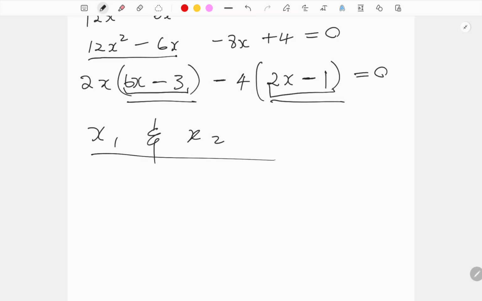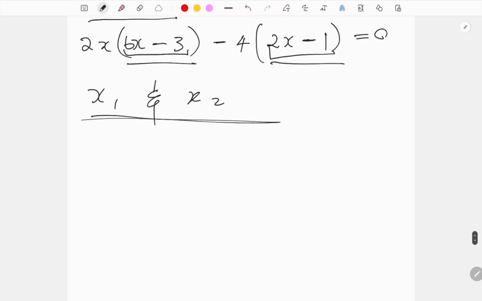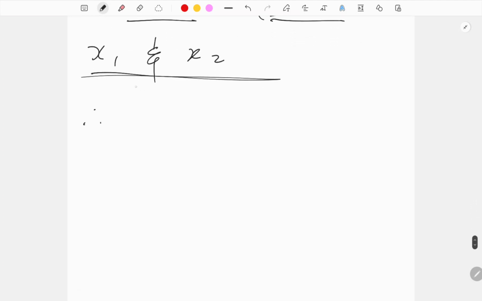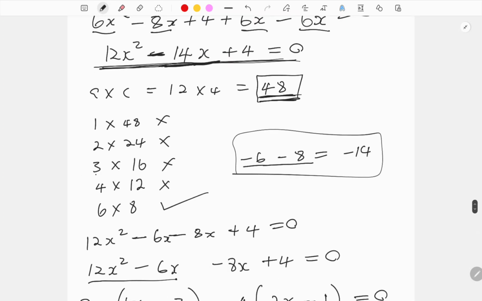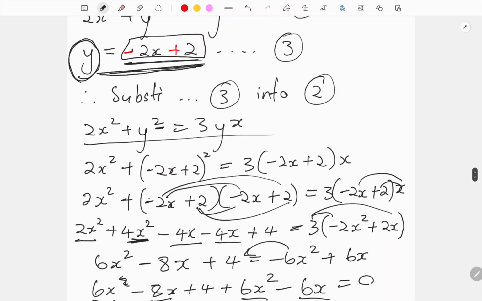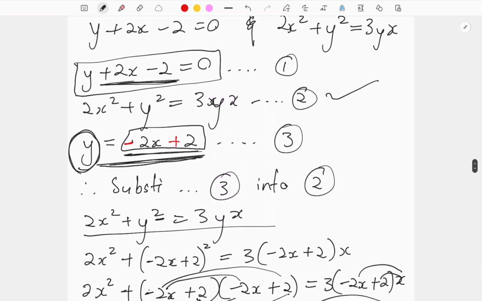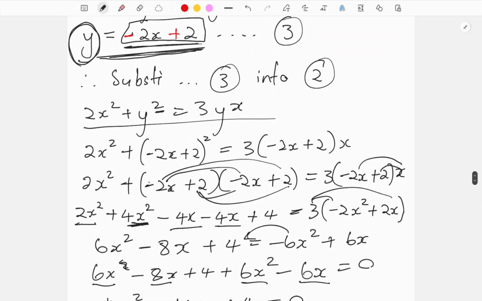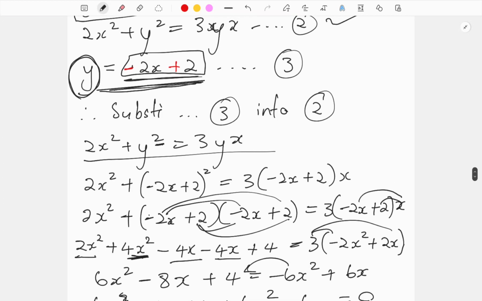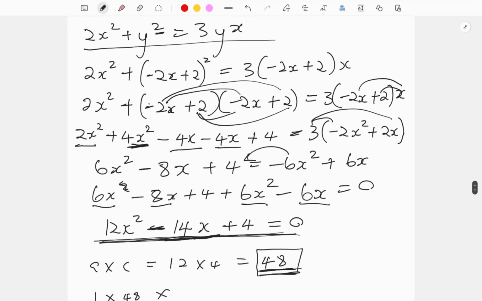After getting these two x's, you are going to substitute these x values into equation number 3, that you made the subject of the formula.